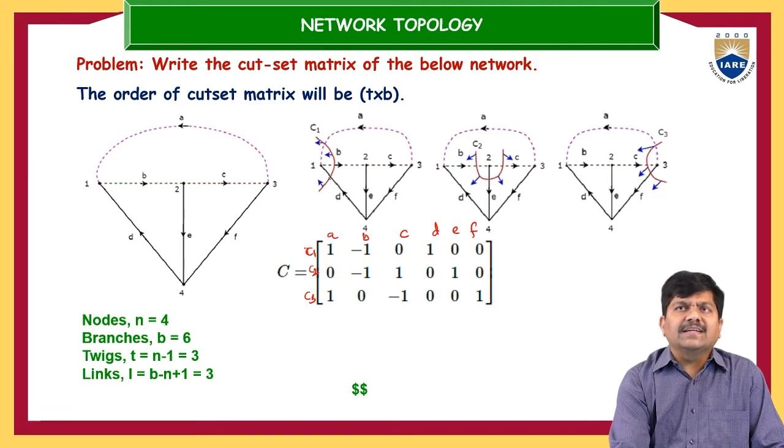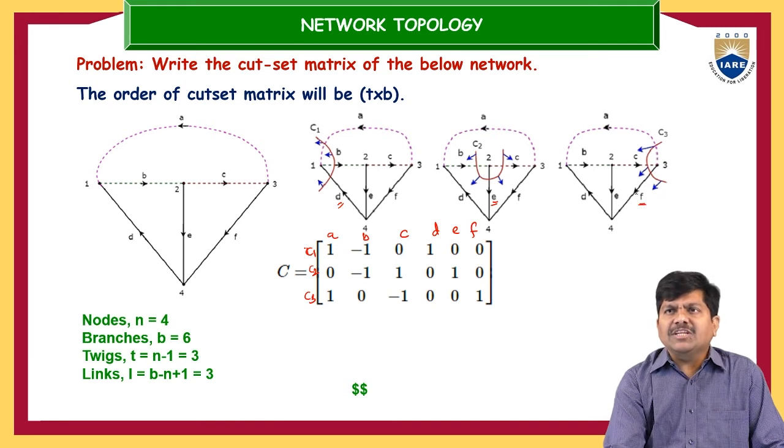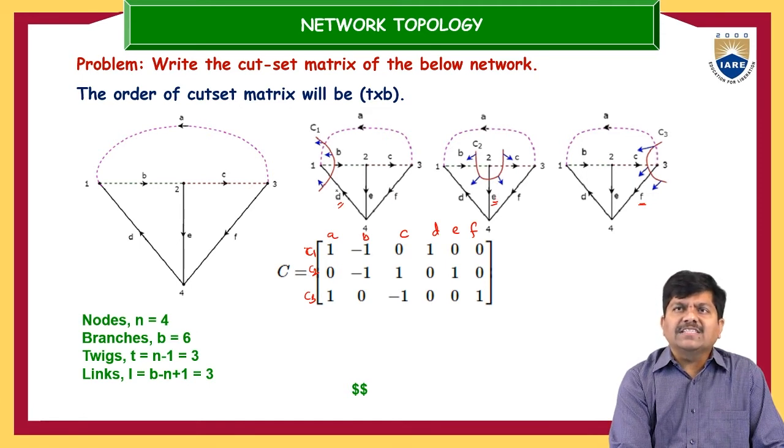The basic cut set has been developed because of element D. The second basic cut set was developed because of E, and the third basic cut set is because of one more twig, that is F. So the direction of F is the direction of the third basic cut set, the direction of E is the direction of the second basic cut set, and the direction of D is the direction of the first basic cut set.